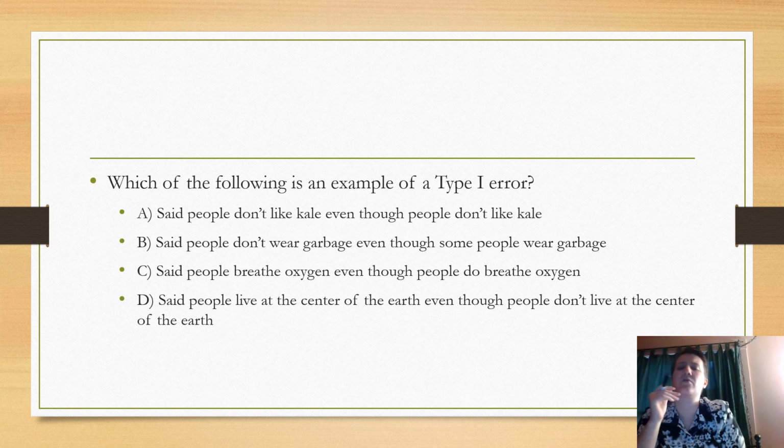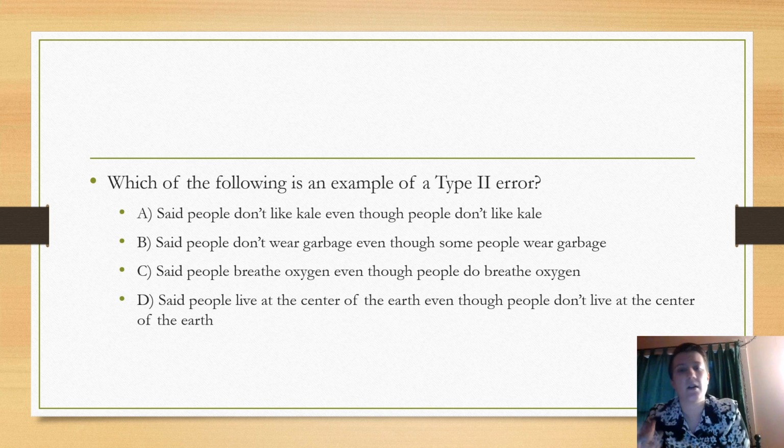You're saying people do live at the center of the earth when people don't live there. They would die. They would turn into liquid hot magma. So a type 1 error is D, saying that people live at the center of the earth, even though people don't. Telling a cis man that he's pregnant, even though there is no way he could be, that's a type 1 error.